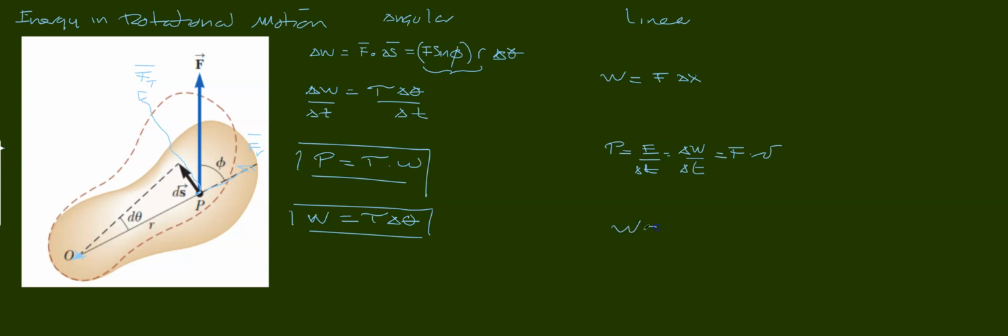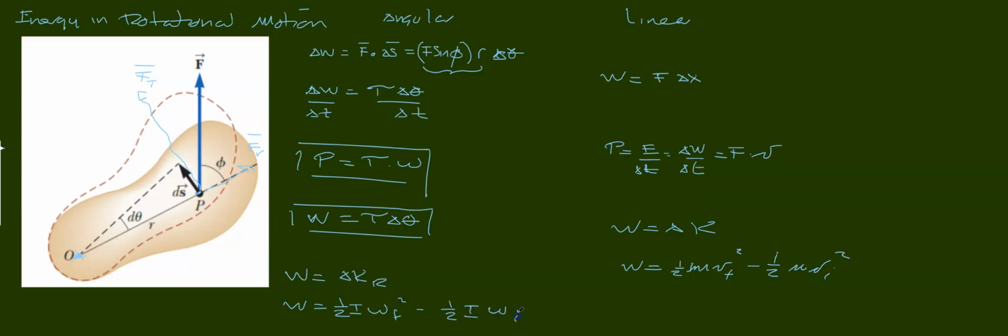What about the work kinetic energy theorem? If you have work in linear, translational terms, that was 1/2 mv final squared minus 1/2 mv initial squared. What do you think is going to be the rotational equivalent of that? Well, same thing. Change in rotational kinetic energy, which is going to look like 1/2 I omega final squared minus 1/2 I omega initial squared.